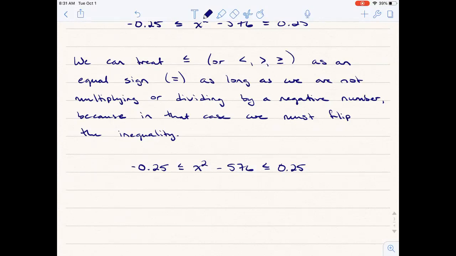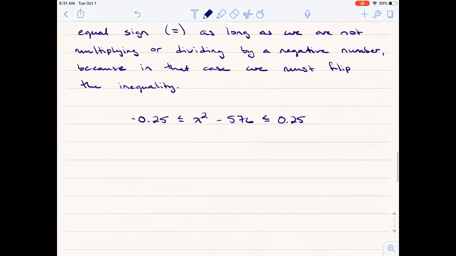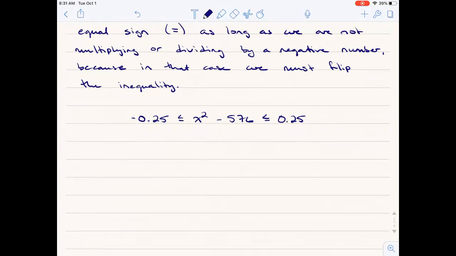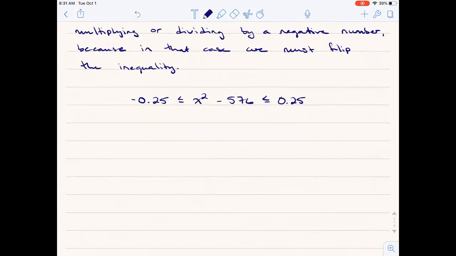But if I'm trying to solve for x here, then I'm just going to add 576 to both ends. Imagine you've got an equal sign on both ends. So you get negative 0.25 plus 576 is less than or equal to x squared, which is less than or equal to 0.25 plus 576.